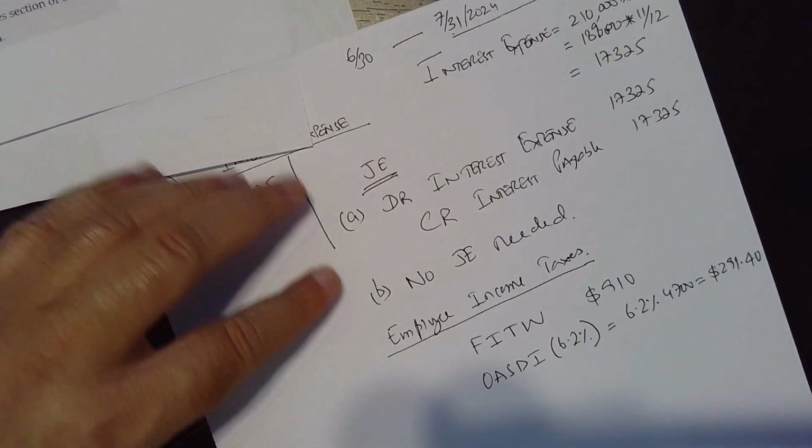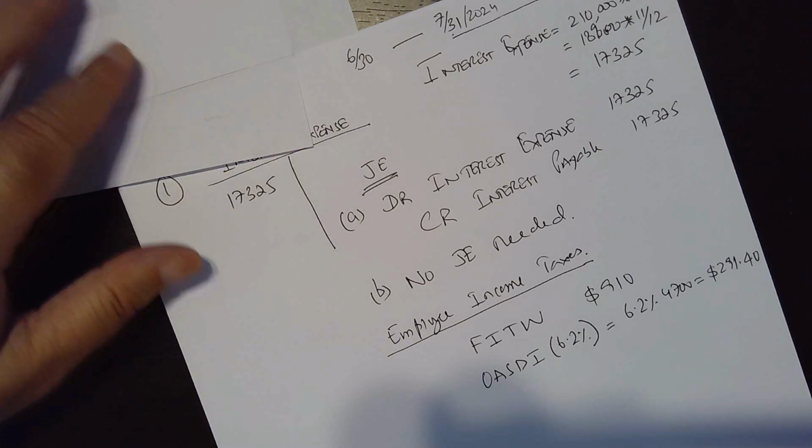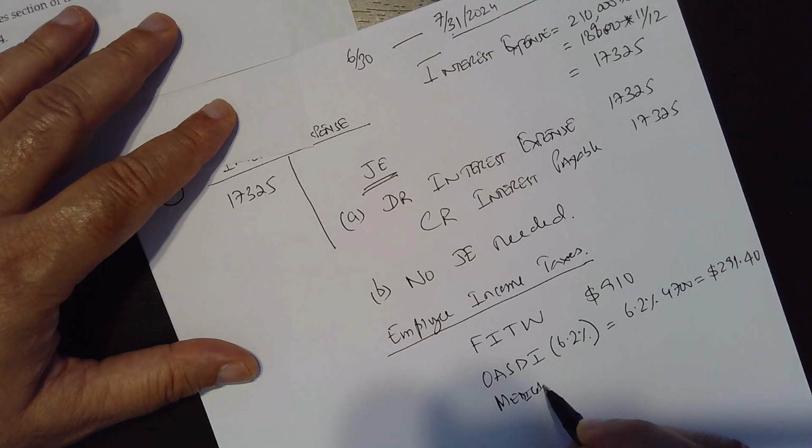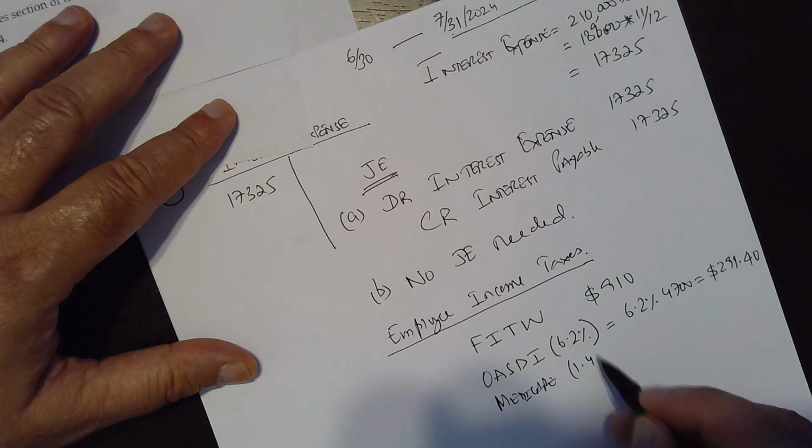Okay. The next thing we have to calculate is the FICA Medicare, and the Medicare is 1.45%.